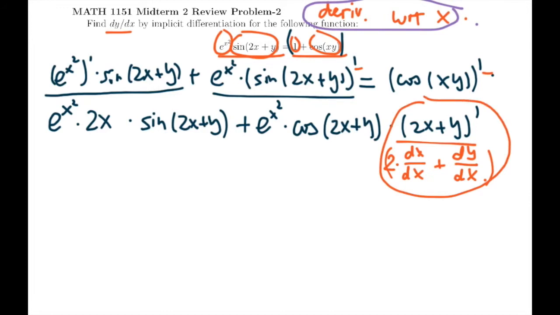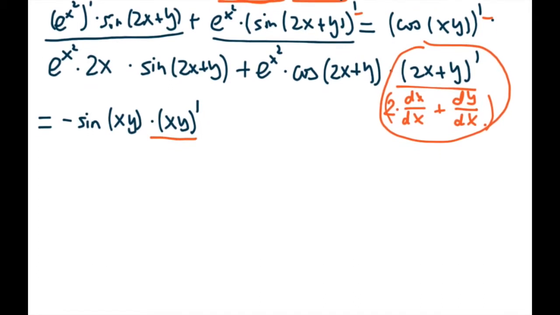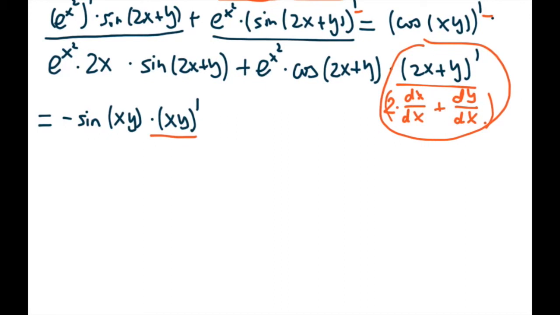Then this part is equal to the right-hand side, which is the derivative of cosine xy. By using the chain rule again, it is negative sine of xy times the derivative of xy. Again, we differentiate xy, which is the product of two functions, with respect to x.